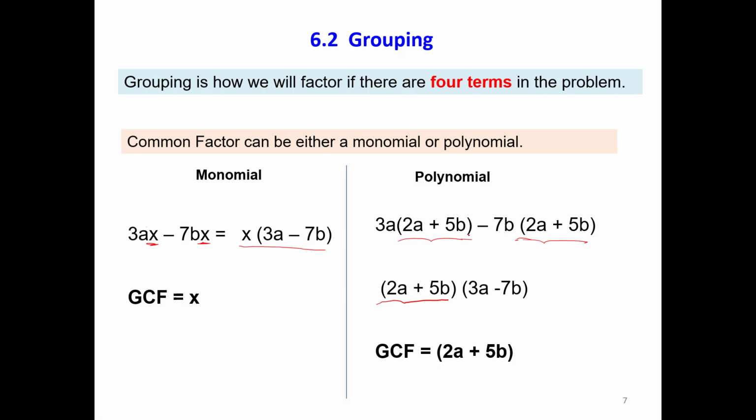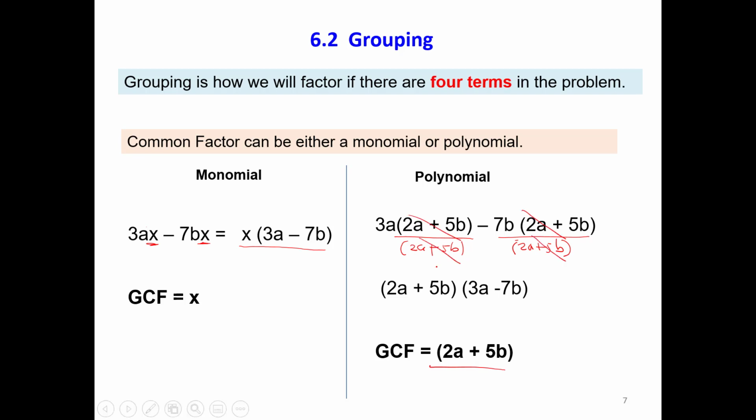Also, you can see this another way: if the greatest common factor is this one, then you can divide by 2a plus 5b. And you can divide here by 2a plus 5b, the same as we did before. This cancels out, this cancels out.